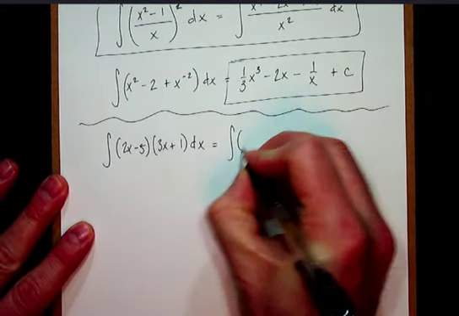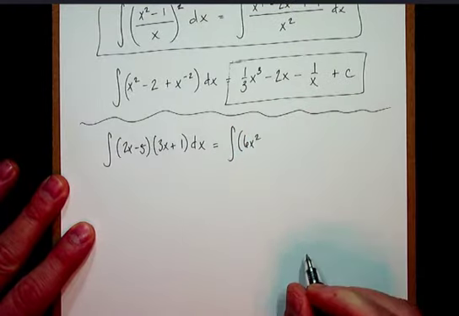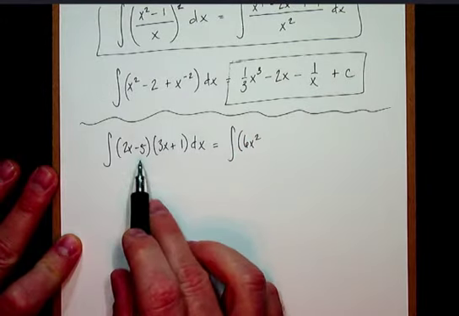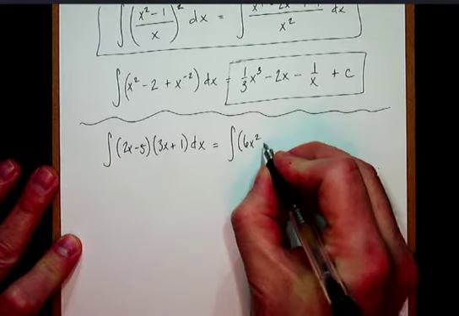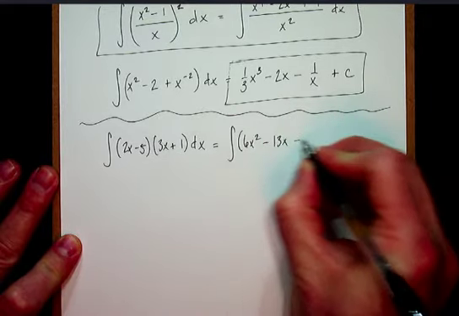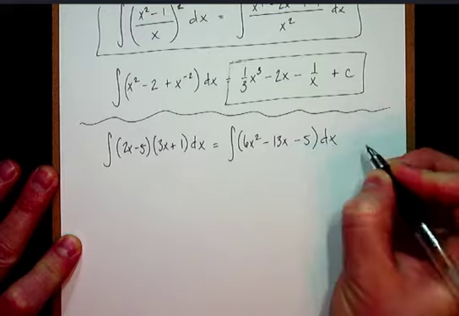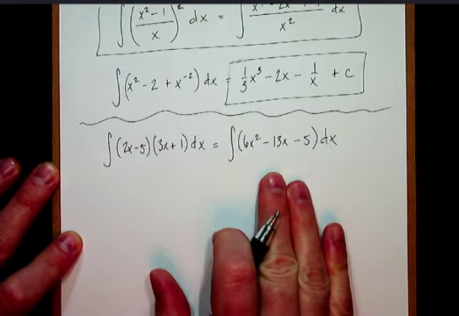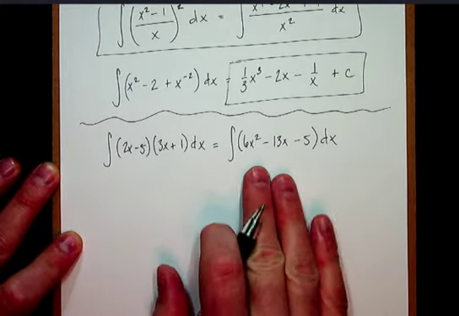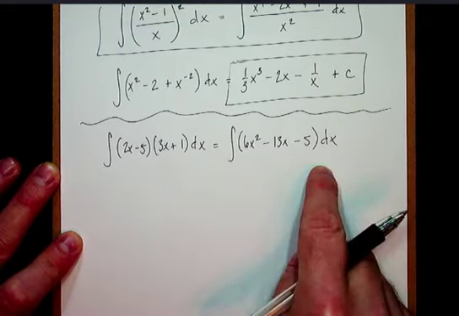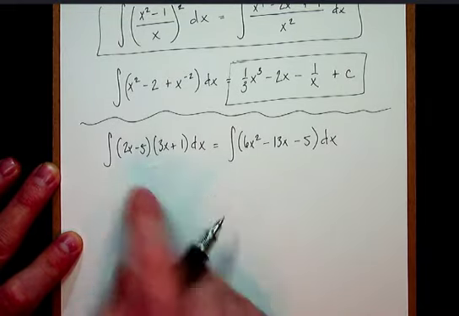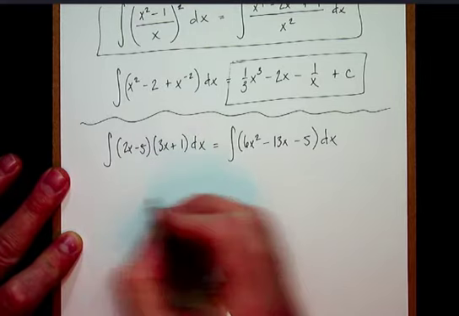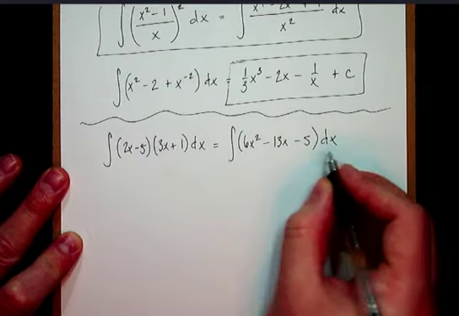Okay, so you're going to get 6x squared, and then the outer and the inner. So you have negative 15 and positive 2, so minus 13x, and then minus 5 dx. From here, now that it's in polynomial form, now that it's actually expressed term by term and not those things implied by this product, I can go ahead and do the integration.